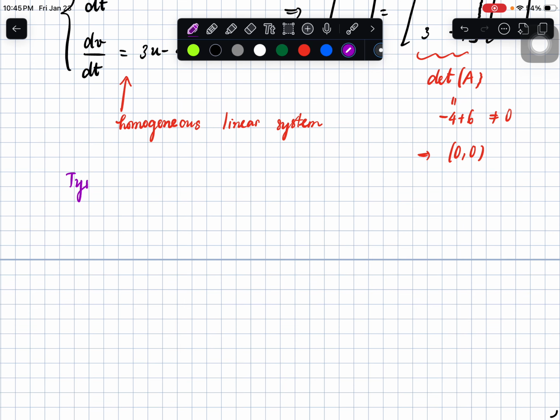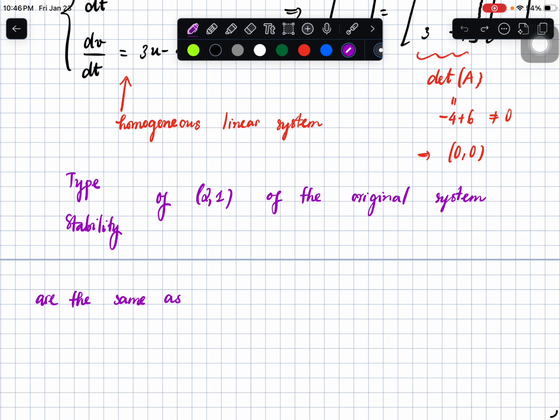The type and the stability of the critical point 2, 1 of the original system are the same as those of 0, 0 of the linear system u prime, v prime equal to A times u, v.